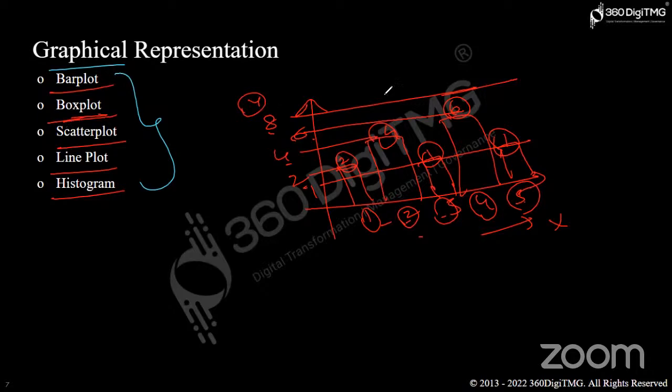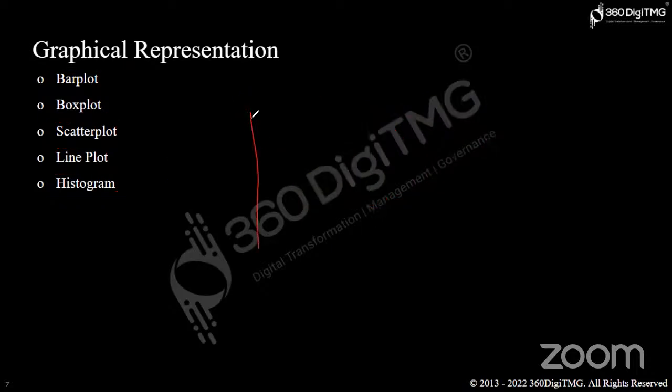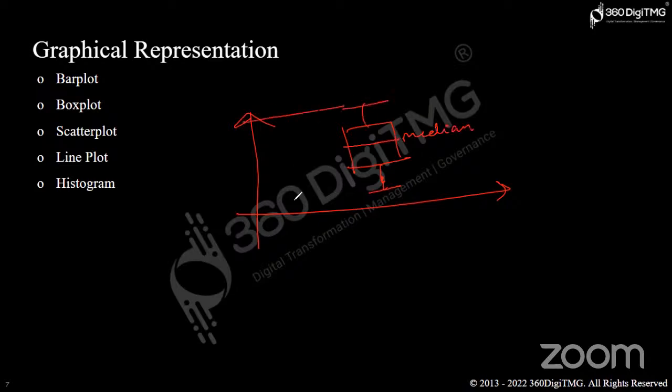And now box plot. When I draw a box plot, I'll be getting a range and a particular median value, and this is the range, from here to here. Let's say the example data has 5, 4, 3, 2, 1. So 1 is the least and 5 is the maximum, the minimum and maximum range.